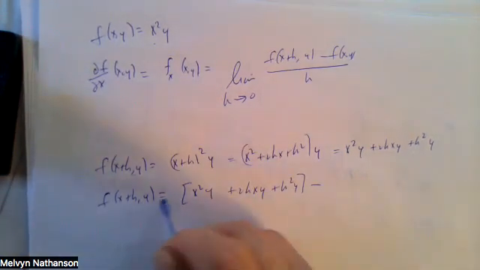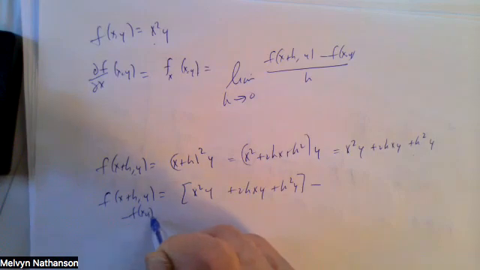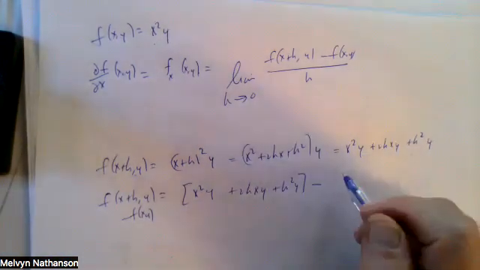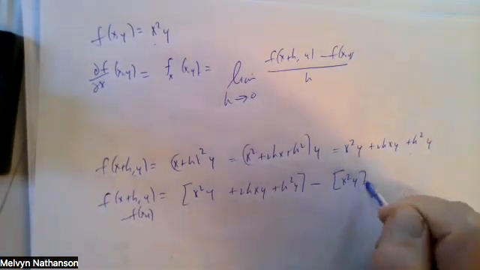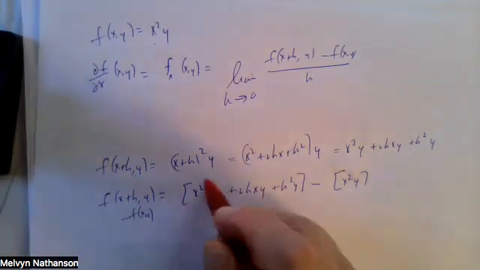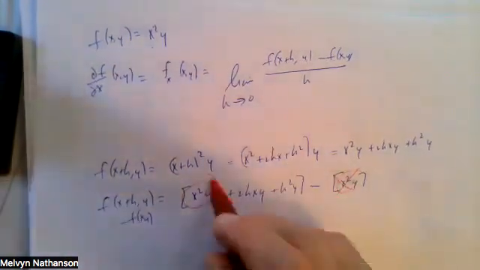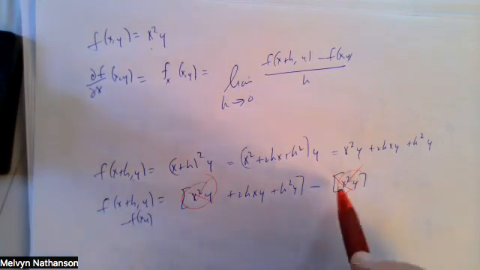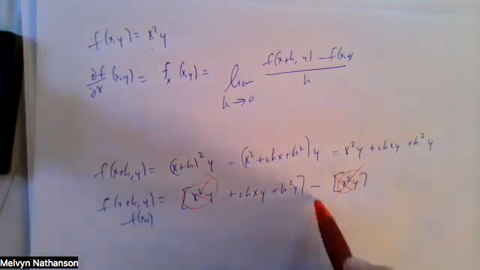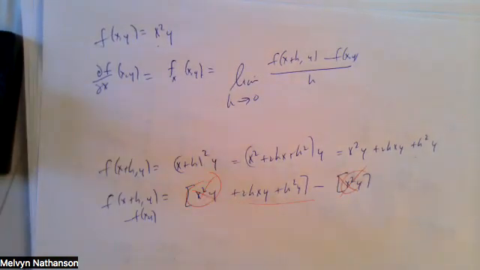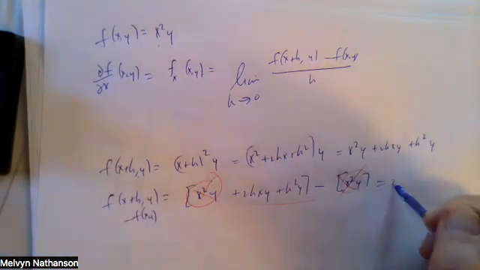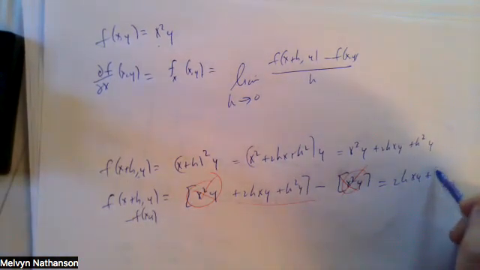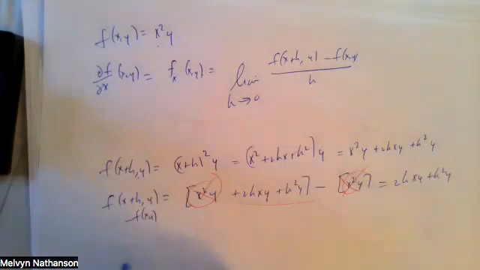Sorry, f of (x plus h, y) minus f of (x, y), which is x squared y. And we see that this term and this term cancel. So we're left with just these two terms. This equals 2hxy plus h squared y.